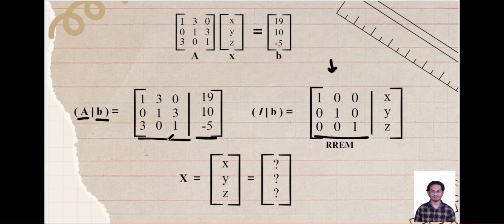After you get the identity matrix, the right hand side of the matrix will become the answer for our simultaneous equation.